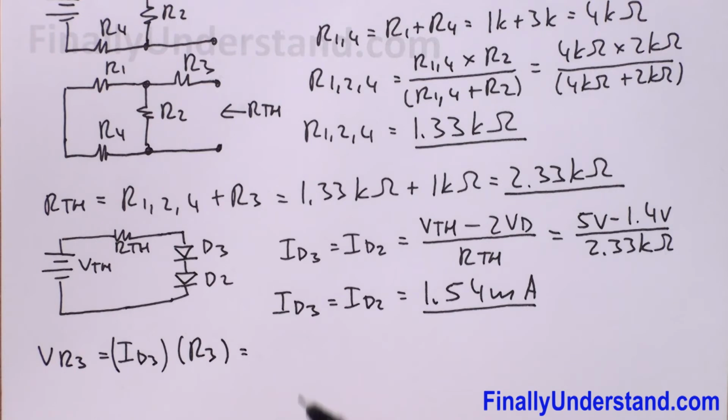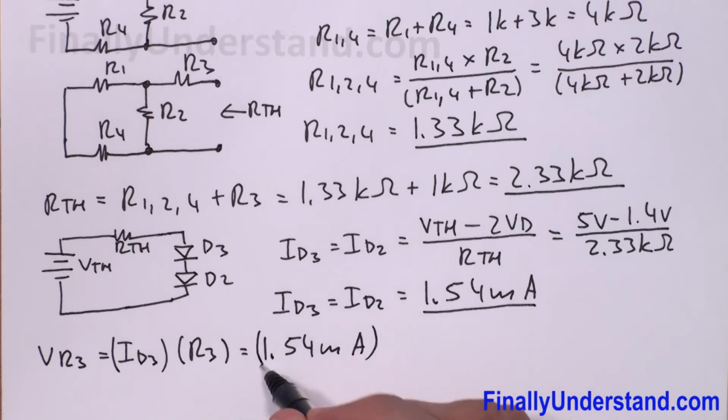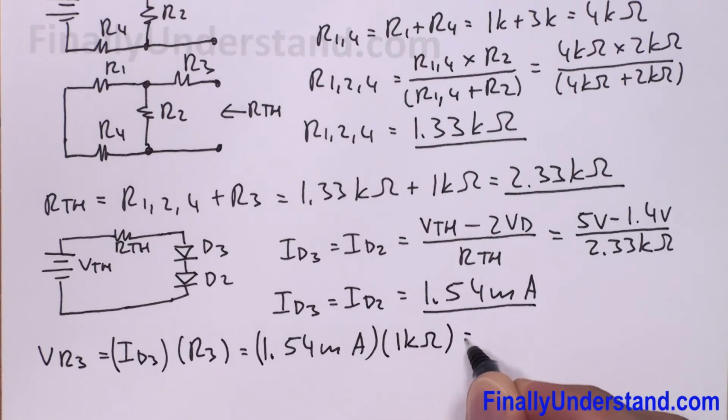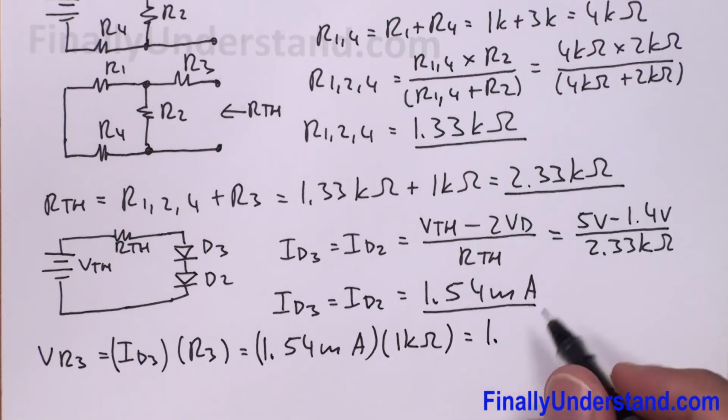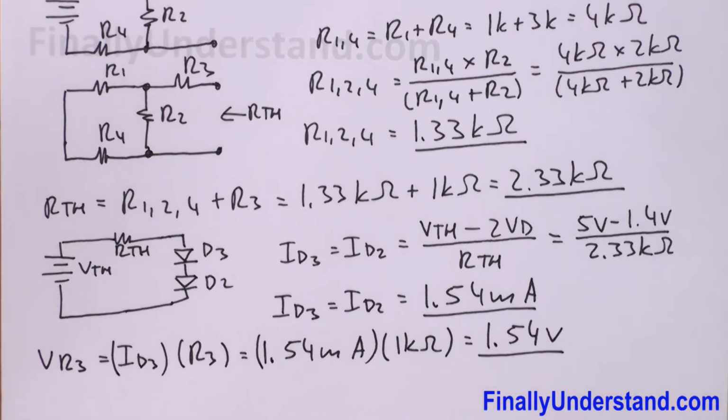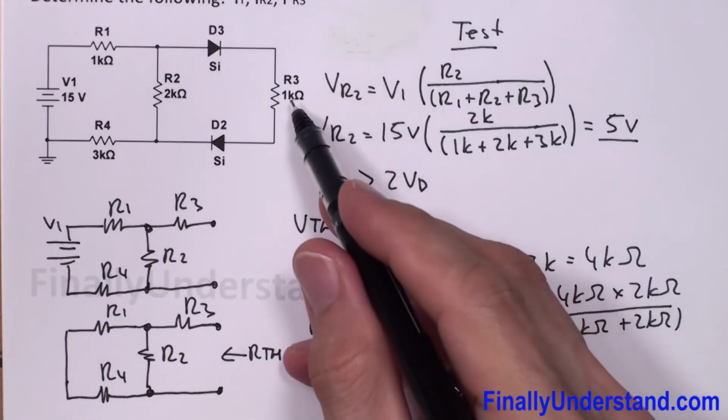So ID3 is equal 1.54 milliamps times R3, 1 kilo ohm. This is equal 1.54 volts. Okay, so this is the voltage across resistor R3.